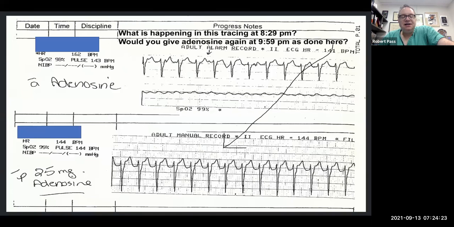But in fact, you can be in VT for long periods of time and be relatively stable. Now, I'll be honest in saying if you left this patient in this rhythm long enough, they would become unstable eventually. But the diagnosis of VT does not equal instability necessarily in everybody.